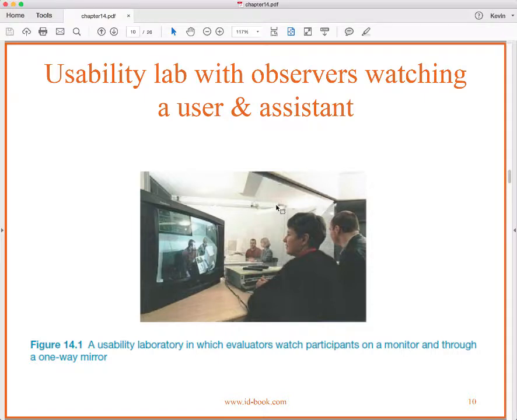So this is the way that they would do it in a professional lab. So if you were to hire a consulting firm to do this and you were to pay them real money to do it, this is the kind of environment you might expect them to do it in. Okay.